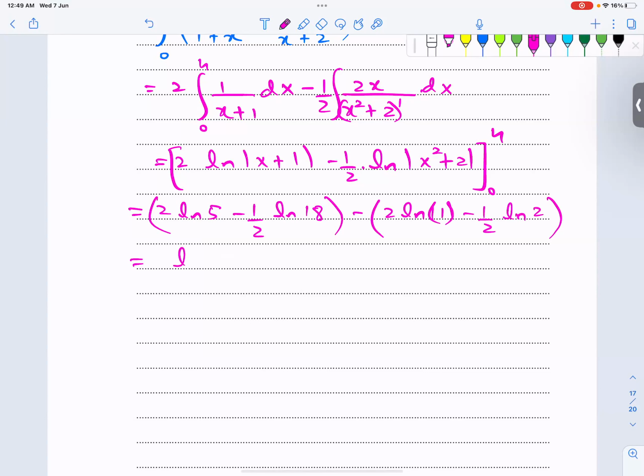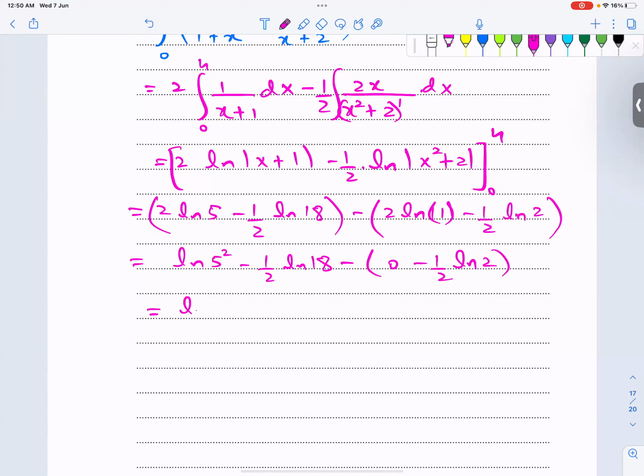So you can write it as ln of 5 square minus 1 over 2 ln of 18 minus, like this will be 0. This will become 0 minus 1 over 2 ln 2.